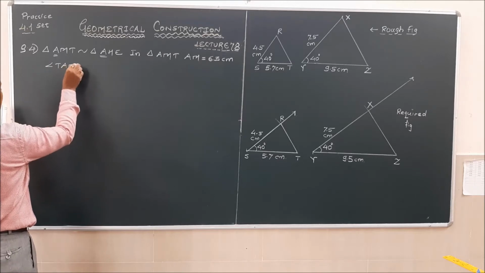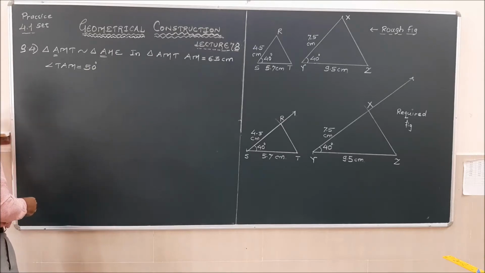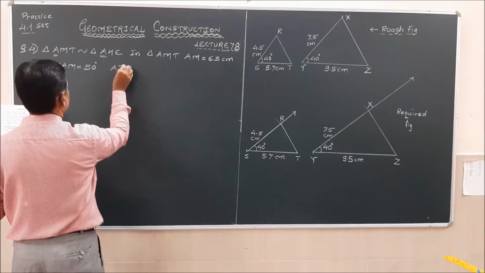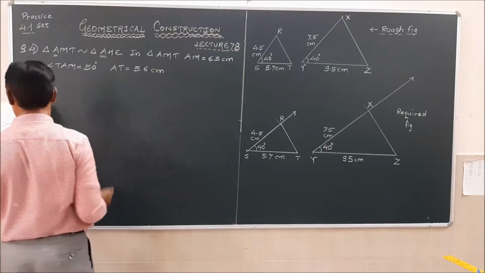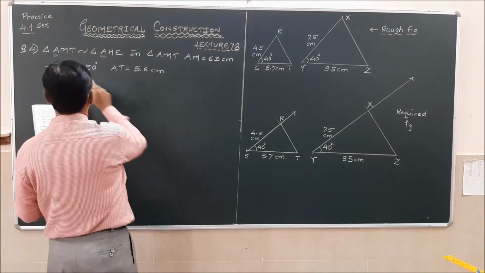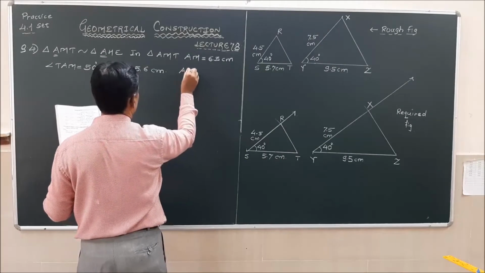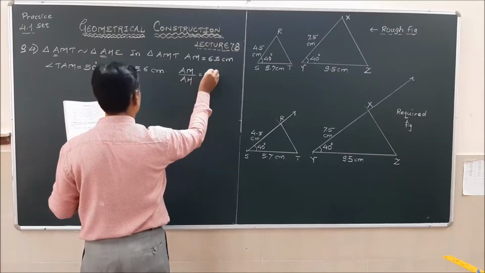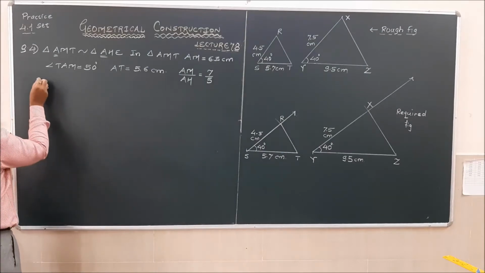AT is 5.6. Angle TAM is 50 degrees. AT is 5.6. AM upon AH, that is equal to 7 upon 5. Construct a triangle AHE.